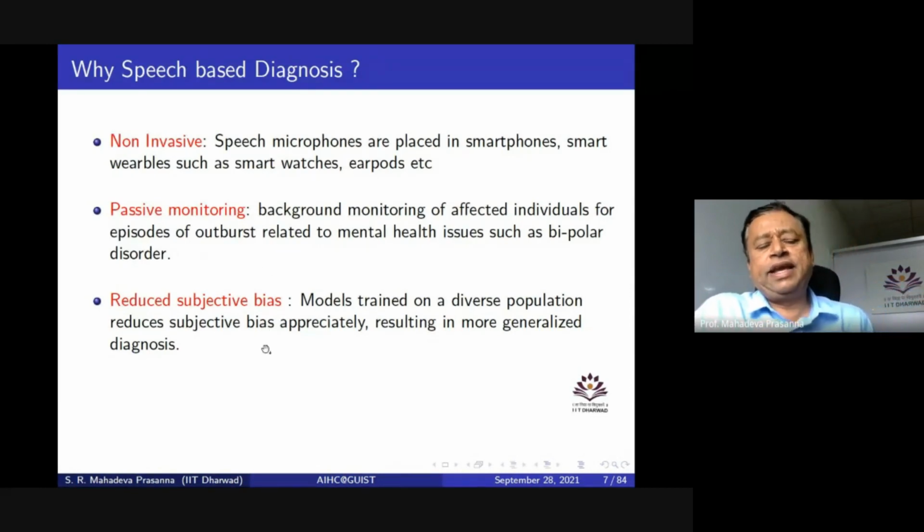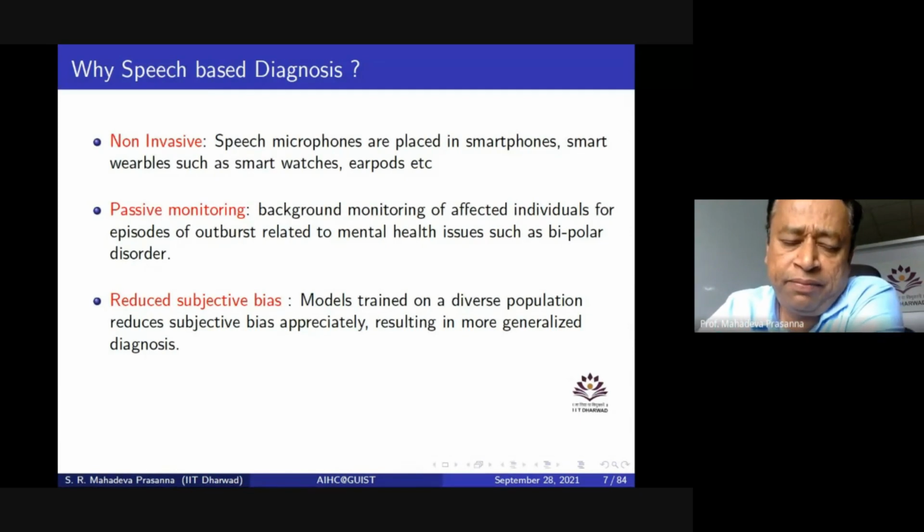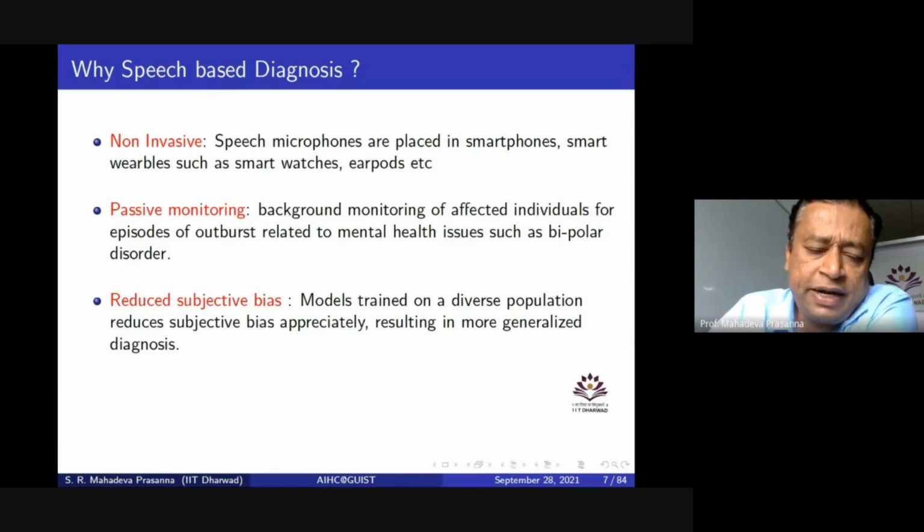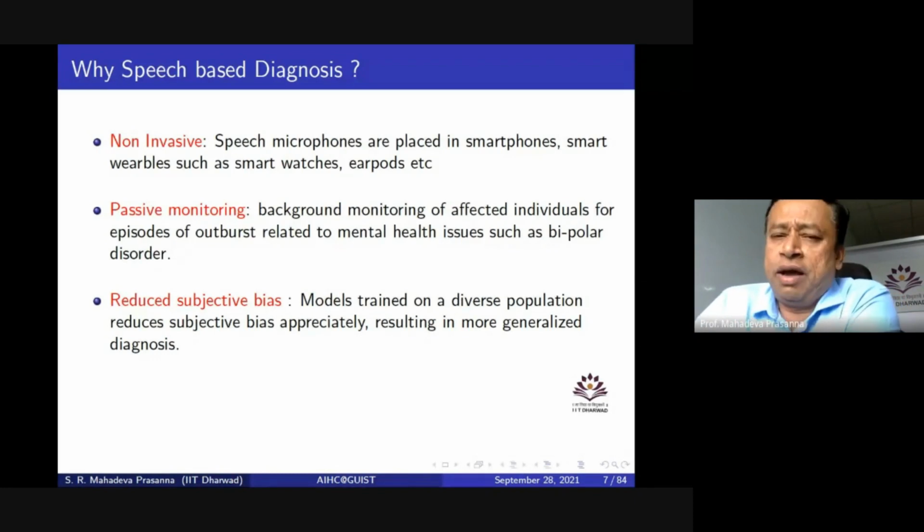The third thing is, we can collect speech data from a diverse population. For example, with any other physiological data like ECG, you collect the data from that person, and based on the experience of the doctor, the decisions are taken. That's perfectly fine. However, there is a chance of subjective bias based on the experience of that person.